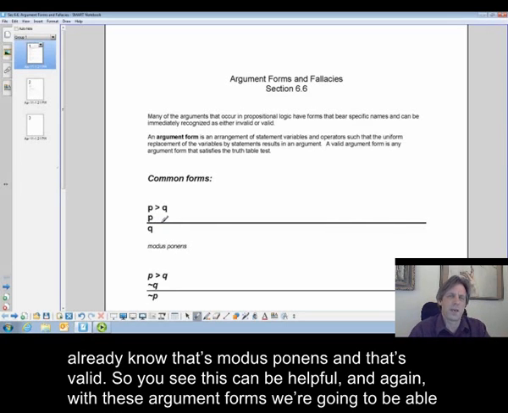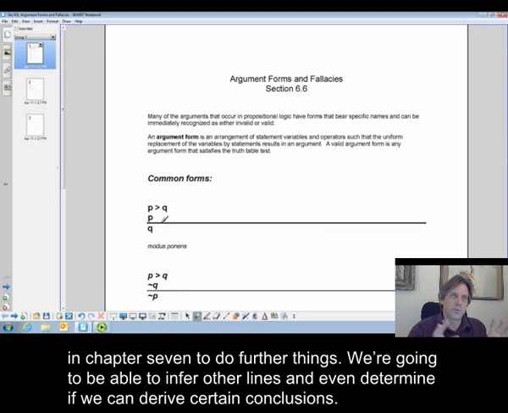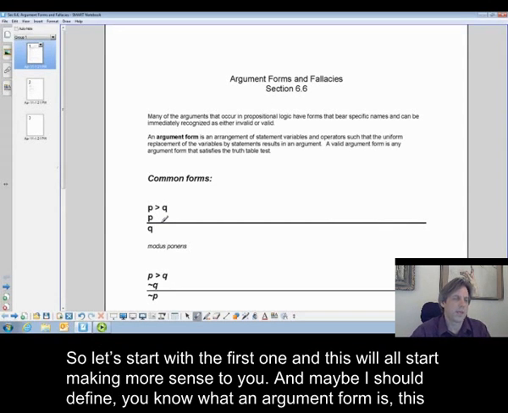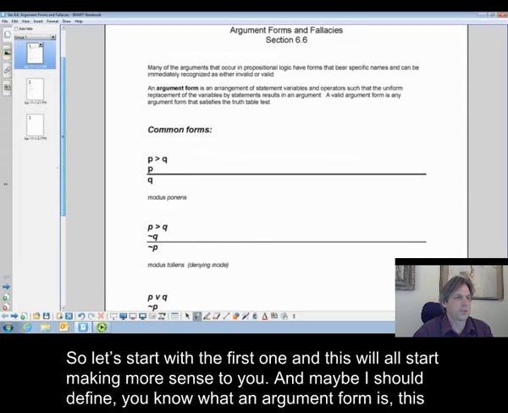So you see, this can be helpful. And again, with these argument forms, we're going to be able in Chapter 7 to do further things. We're going to be able to infer other lines and even determine if we can derive certain conclusions, okay? So let's start with the first one, and this will all start making more sense to you.